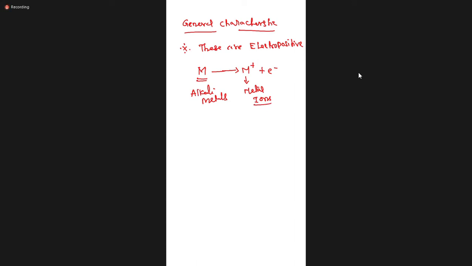This is called an electropositive element, forming monovalent ions. Is it clear now? So that's why it has a strongly alkaline nature.